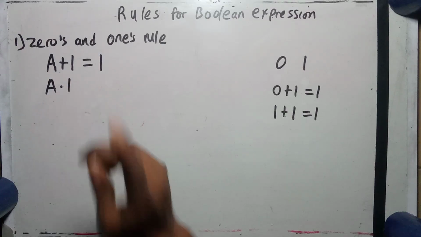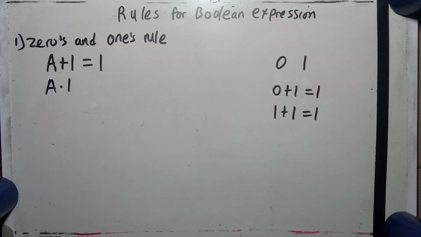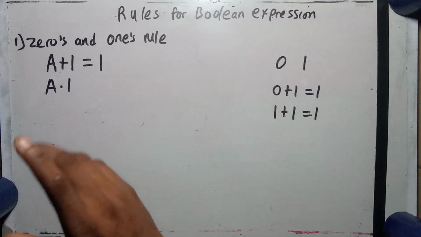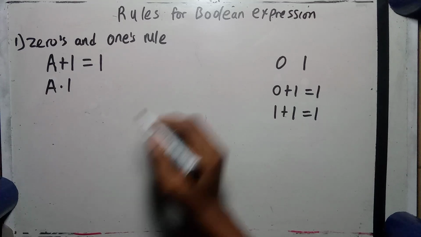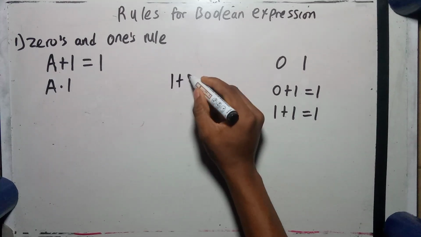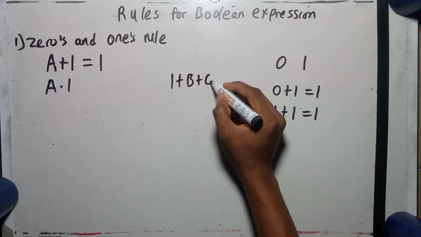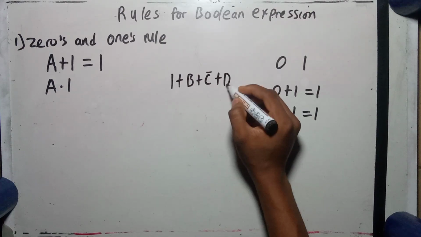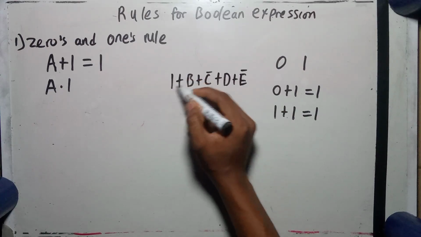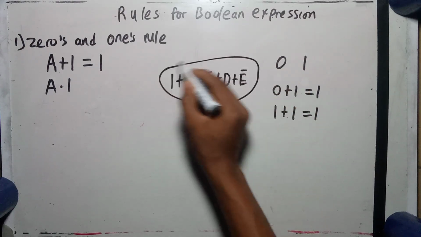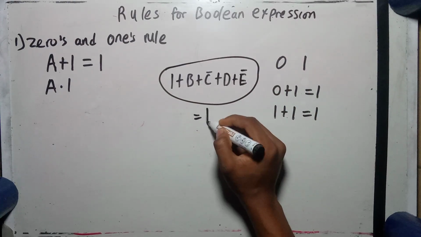So when you are adding 1 to whatever alphabet, this can be B, can be B bar, can be C bar, but so long as 1 is added to any alphabet, everything turns to 1. It can even be 1 plus B plus C bar plus D plus E bar. So long as 1 is here, the whole of this will definitely give you what? 1.